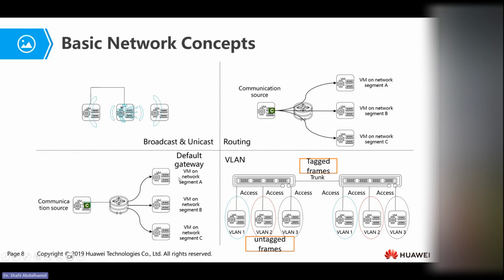So the communication between the virtual machine in this physical server and another one will have to pass through a switch. Likewise, if this virtual machine is to send information to other virtual machines, it has to pass through the router.